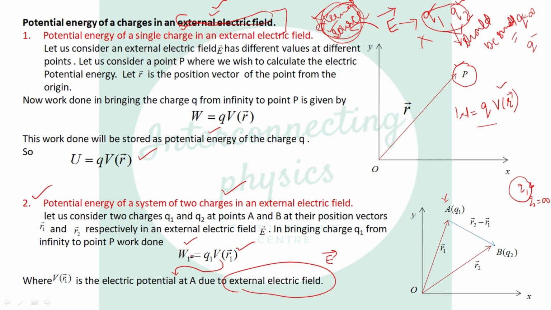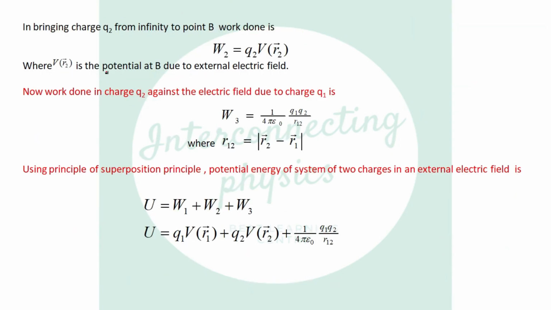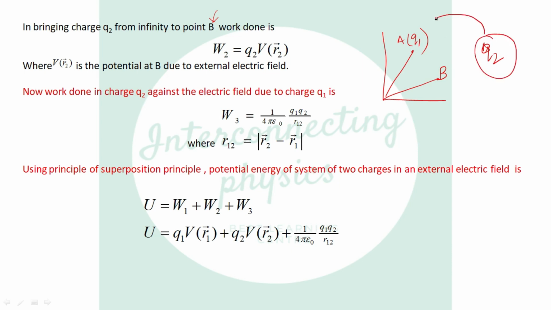So W1 equals Q1 into V(R1), and then the work done in bringing Q2 charge from infinity to point B. Now this time Q1 is already present at point A, and Q2 charge we have to bring to point B. So it means Q2 charge is coming in the field of Q1 and also in the field of some external electric field.